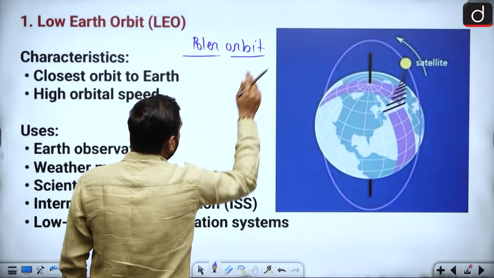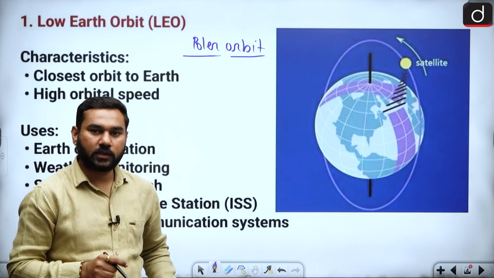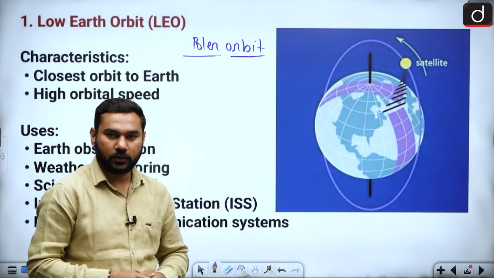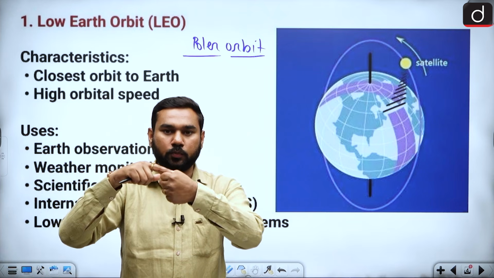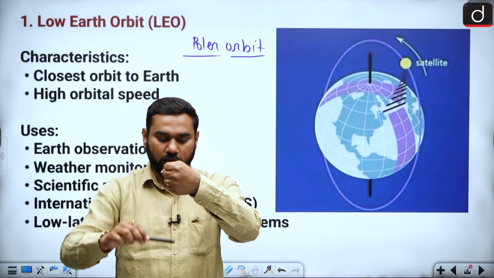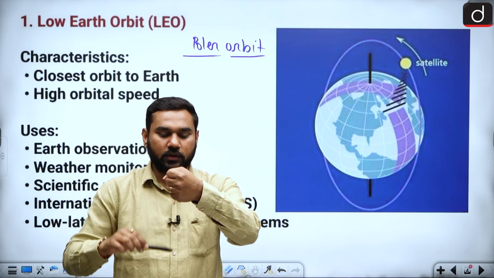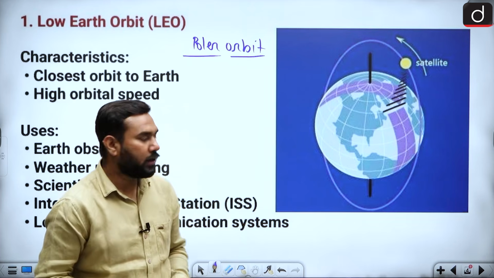Because mostly when we place a satellite in low Earth orbit, these satellites are moving around the poles of Earth. If my hand is like Earth and this is your North Pole, this is your South Pole, we want to move the satellite something like this, which can cover both poles of Earth. So this is called polar orbit.